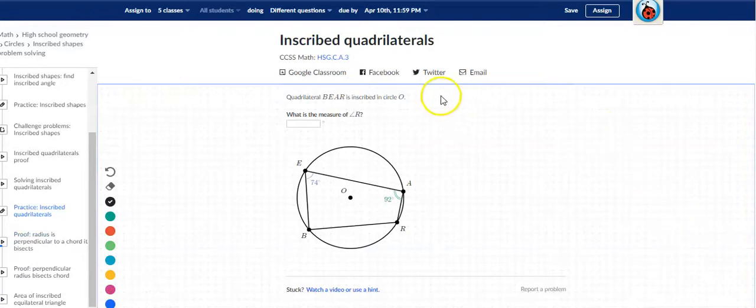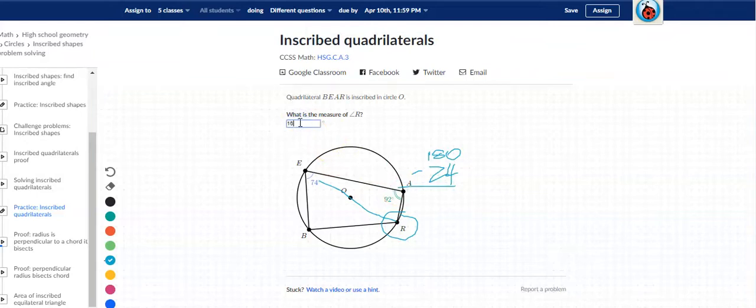Alright, quadrilateral bear is inscribed in circle O, and so angle R is just opposite to the 74, and so it's again just our 180 minus 74, which gives us 106.